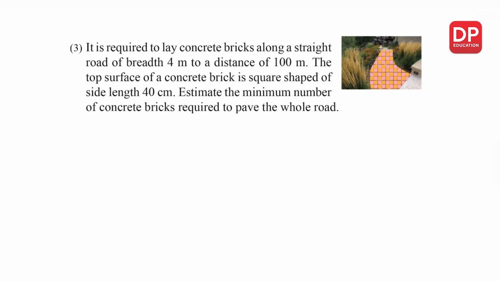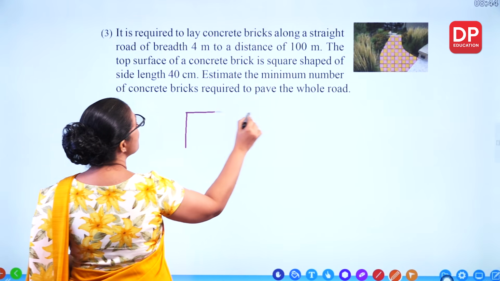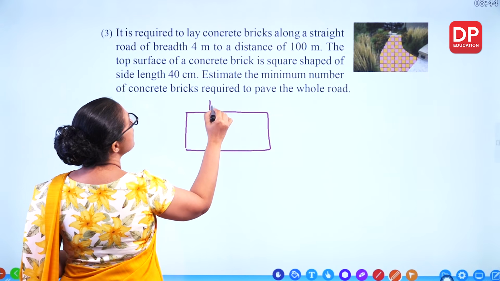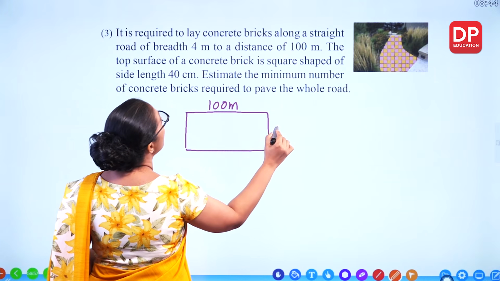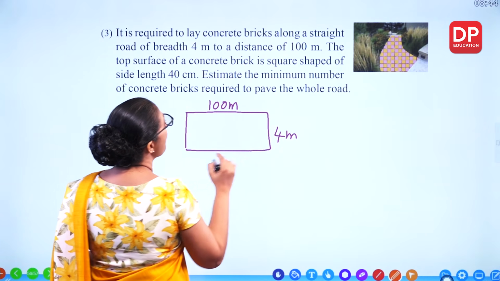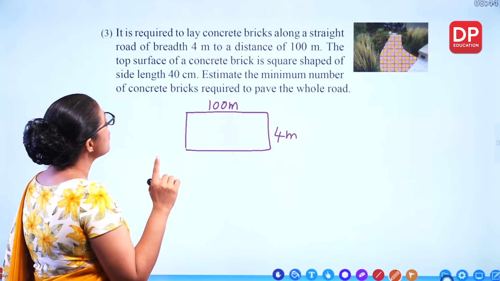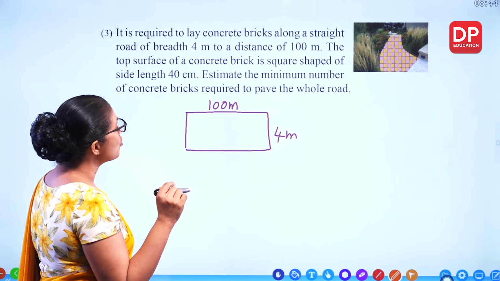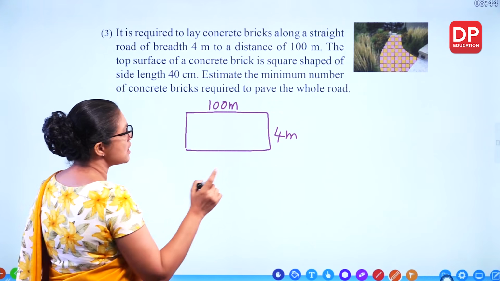Look at this question. It is required to lay concrete bricks along a straight road of breadth 4 meters to a distance of 100 meters. So this is a straight road, 100 meters and 4 meters. The top surface of a concrete brick is square shaped of side length 40 centimeters.